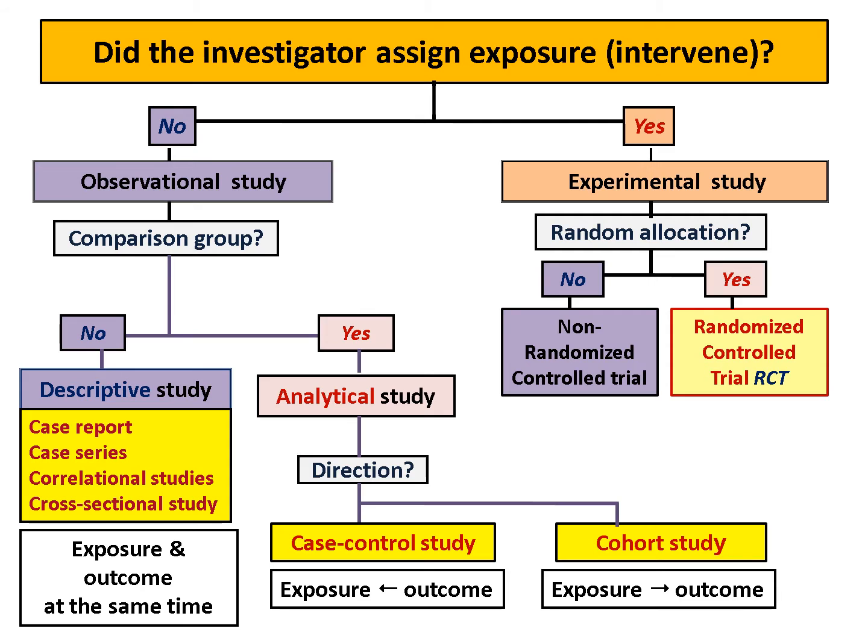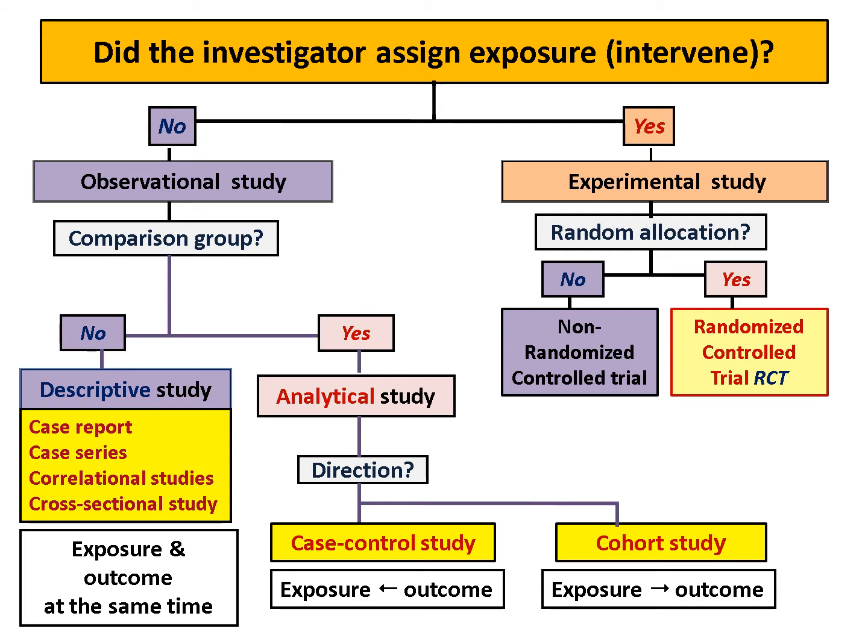On the left part of the slide, we can see that the investigator didn't assign exposure, or he didn't intervene with exposure. That's to say he only observes the participants. That's why the name is observational study. In the observational study, if there are no comparison groups, it's called descriptive study, and this is our lecture today.